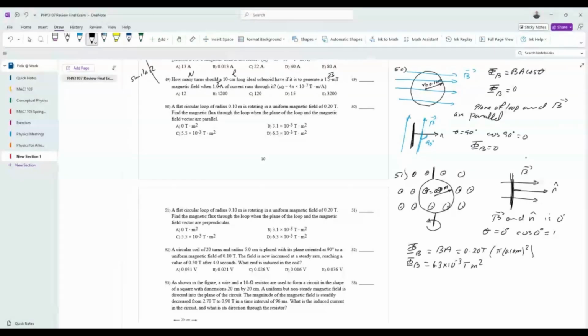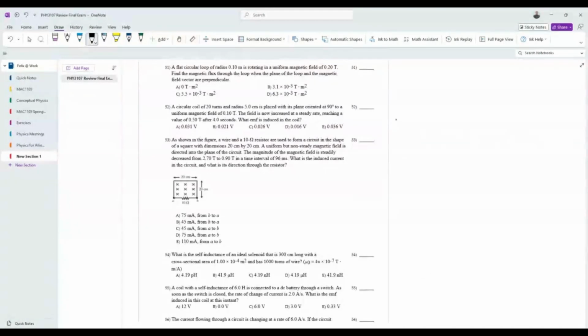Now, the next exercises are about coils again, but we have a change in magnetic flux. So there will be an induction of electromotive force. So let me explain now exercise number 52. Look at this one, 52.